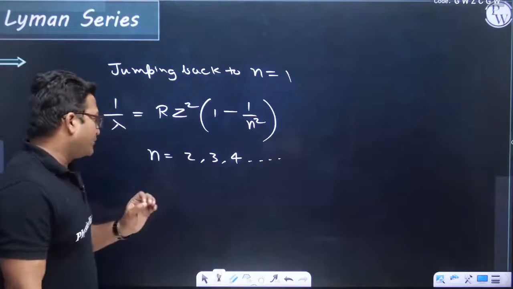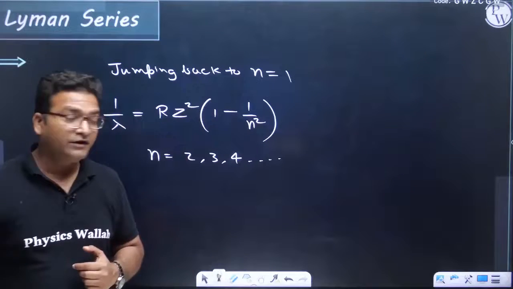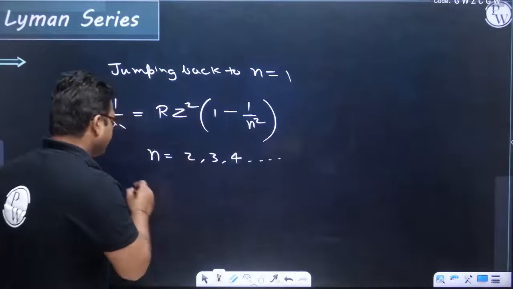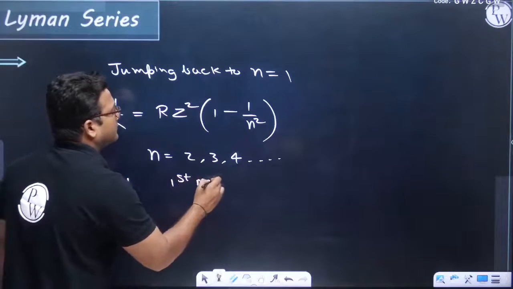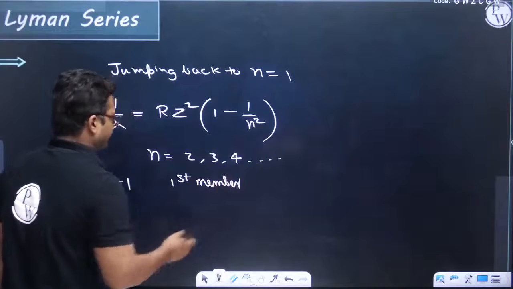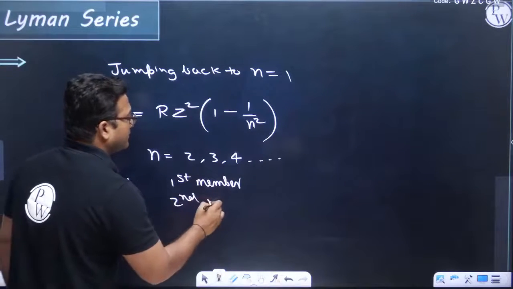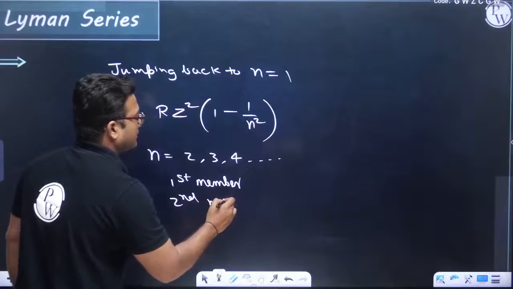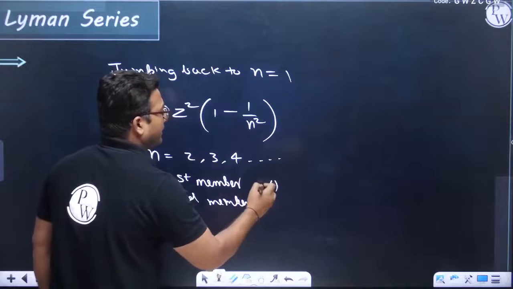If the electron jumps from 2 to 1, it is called the first member of the Lyman series. If 3 to 1, it is called the second member, also sometimes called alpha line.